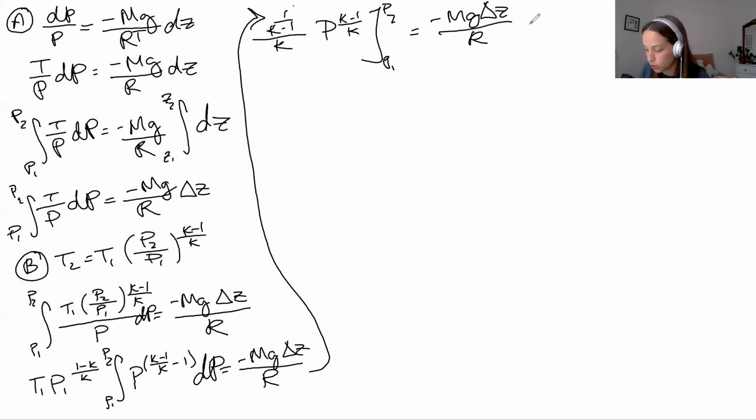And I also am going to multiply the right-hand side by those constants that were left on the left-hand side. So we will have over here P to the K minus 1 over K over T1.